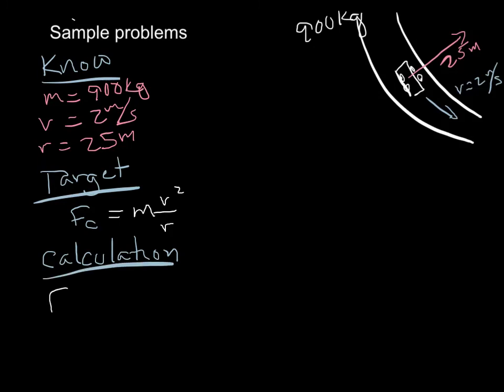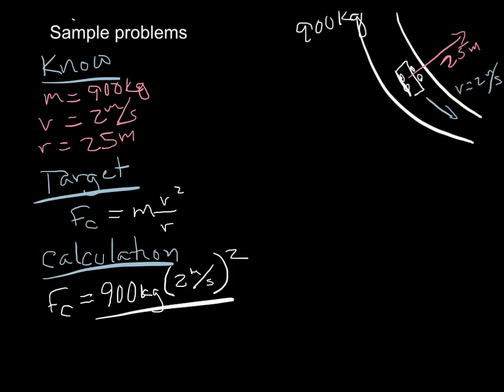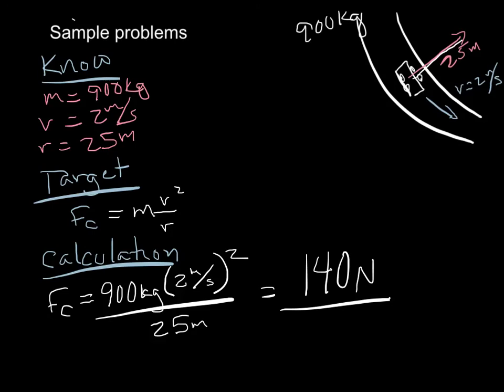Our calculation would be centripetal force is equal to 900 kilograms multiplied by 2 meters per second squared divided by 25 meters. And this would give us a grand total of 140 newtons. So 140 newtons is the force that is necessary acting between the tires and the road in order to keep our car safely traveling around its circular path.